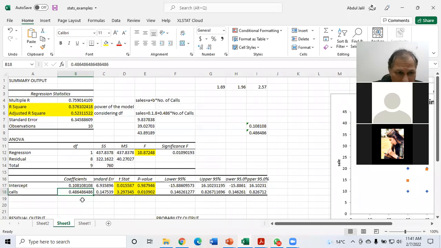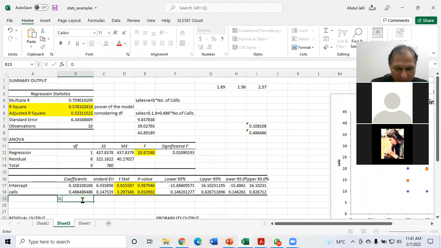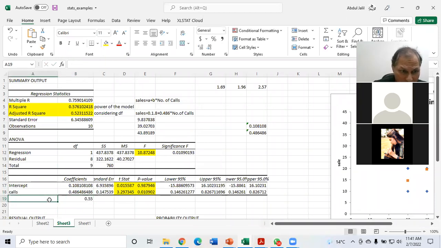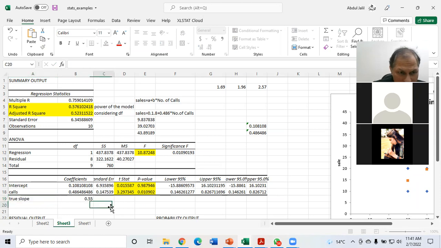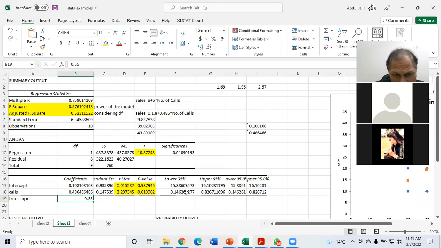Let's suppose 0.55 is the true slope. If we compare it with this, it is different, so we say this is wrong; you cannot identify the correct slope. But if you focus on this interval, this value lies within it. So with the interval 0.146 to 0.826, 0.55 is lying in between.